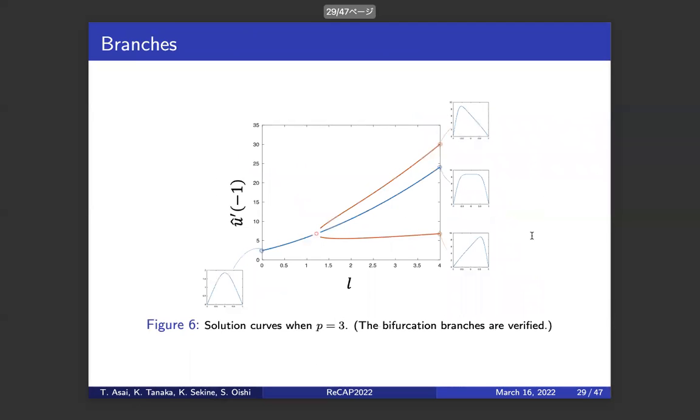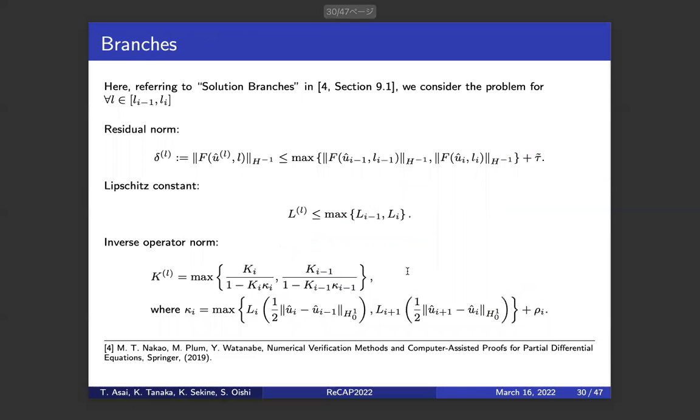And next, we consider solving the solution branches. In this case, we consider verifying the solution branches by referring to the solution branches in this book.